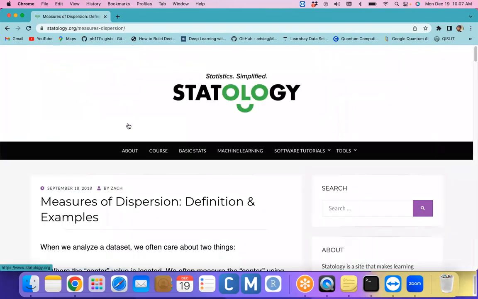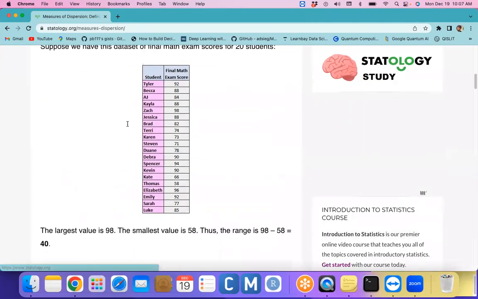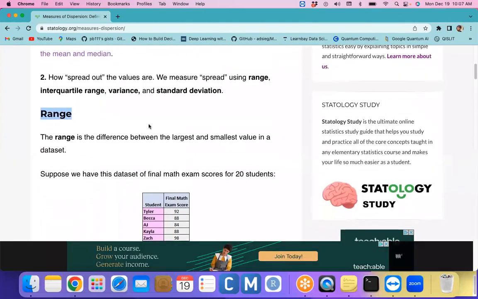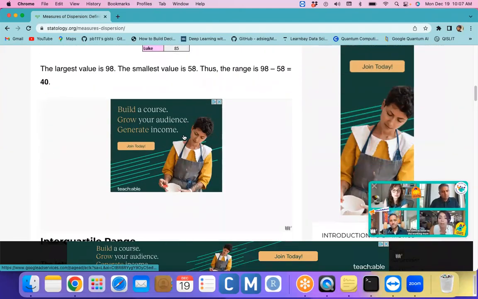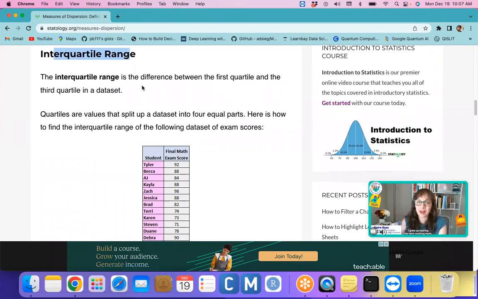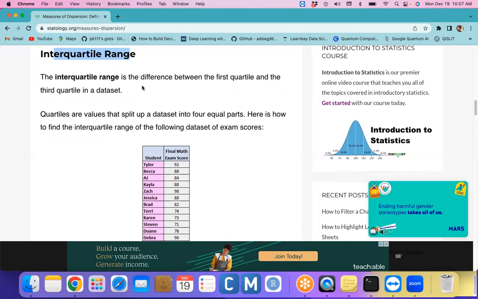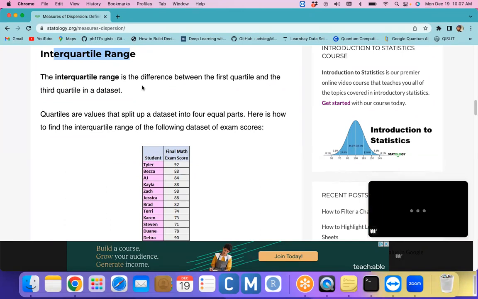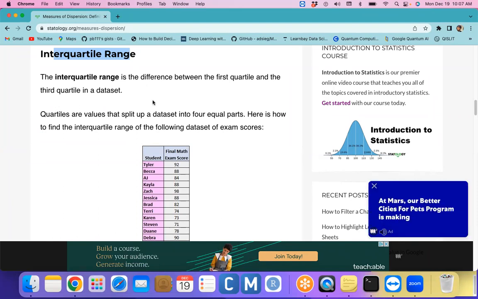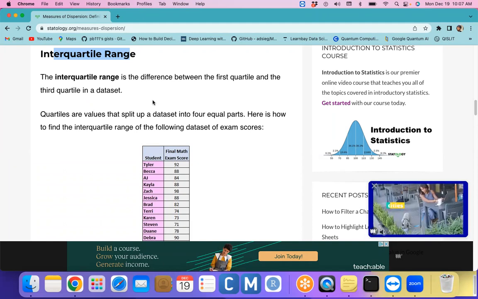Okay? So in the measure of dispersion, we understood what exactly the range is. Range means the difference between the largest and smallest values, right? The next one is the interquartile range. Whatever data we have, we can split it into five elements that we call quartiles: Q0, Q1, Q2, Q3, Q4.